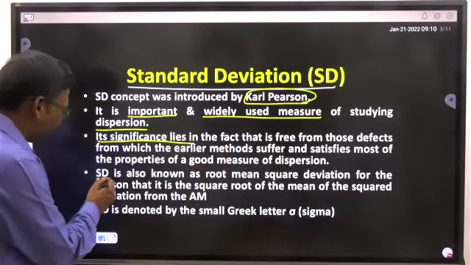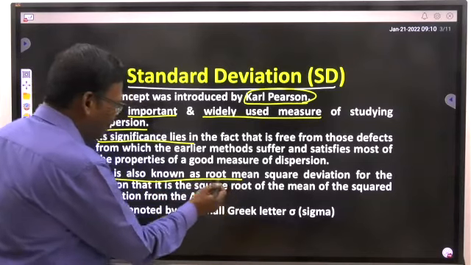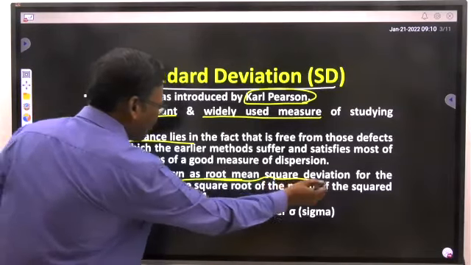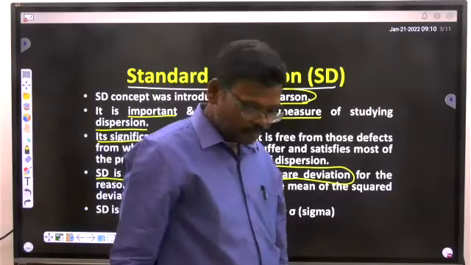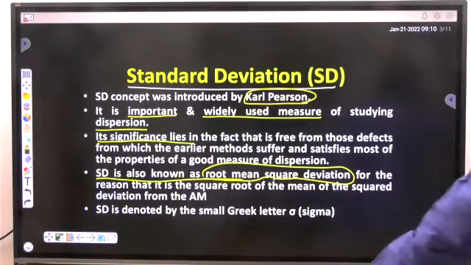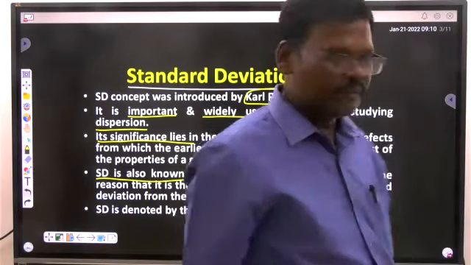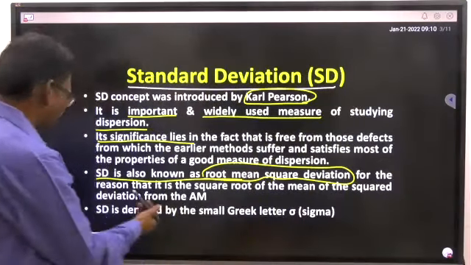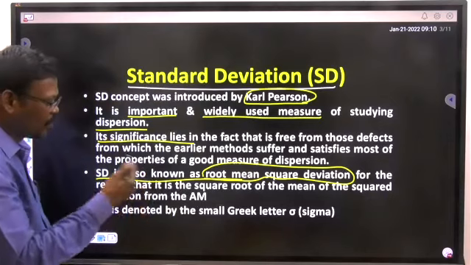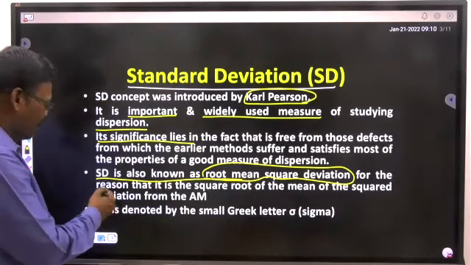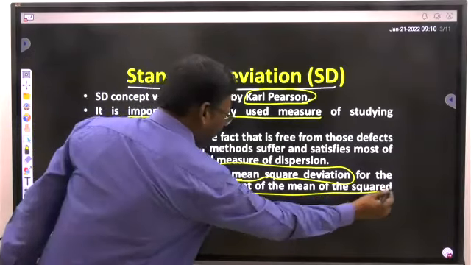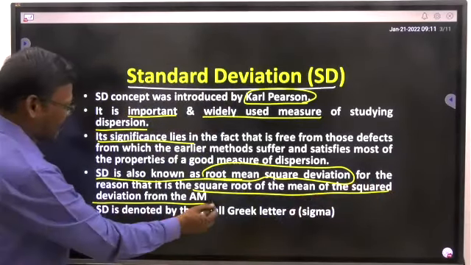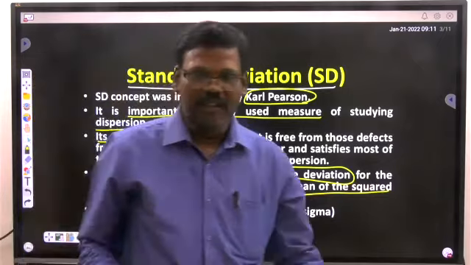This standard deviation is also known as the root mean square deviation. Why is it called root mean square deviation? For the reason that it is the square root of the mean of the squared deviations from the arithmetic mean.